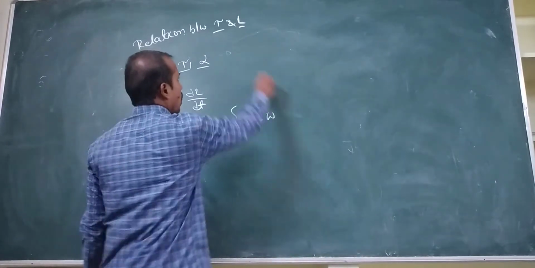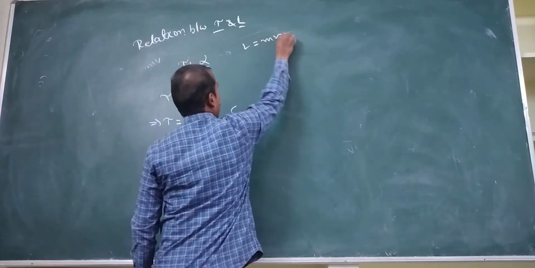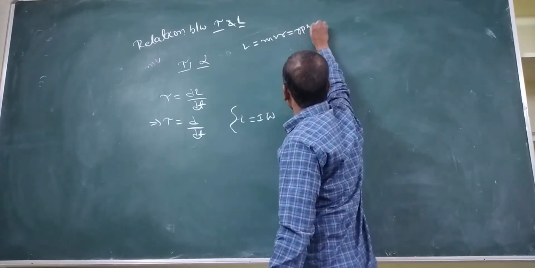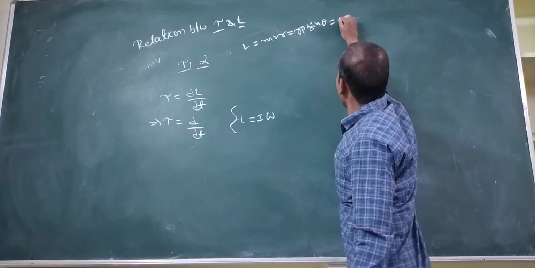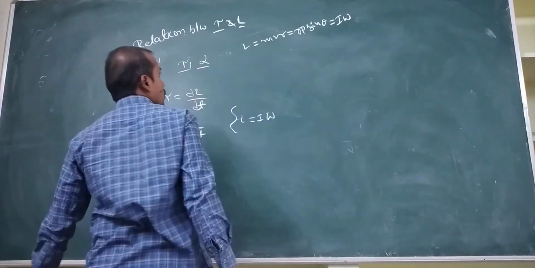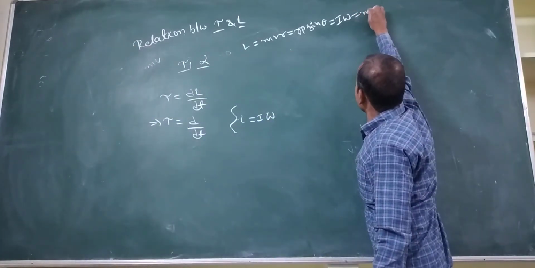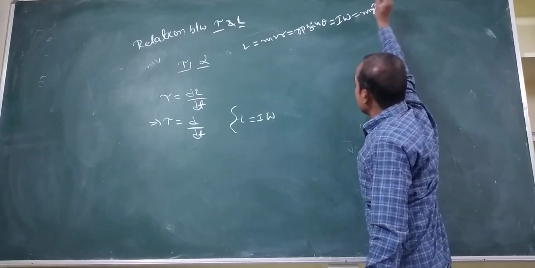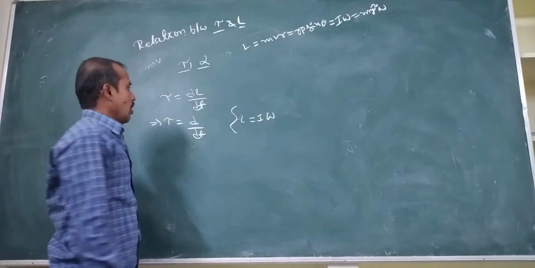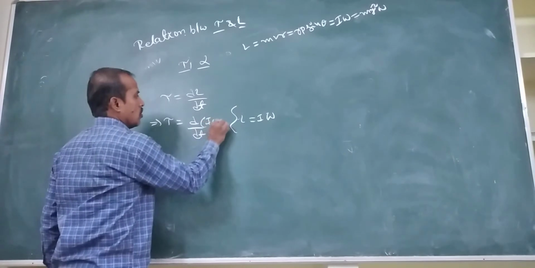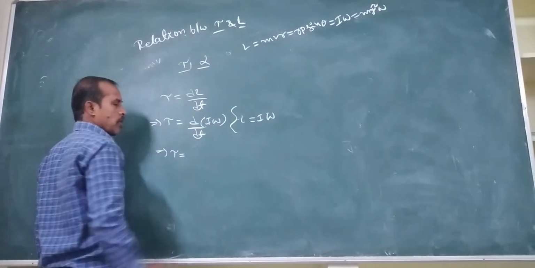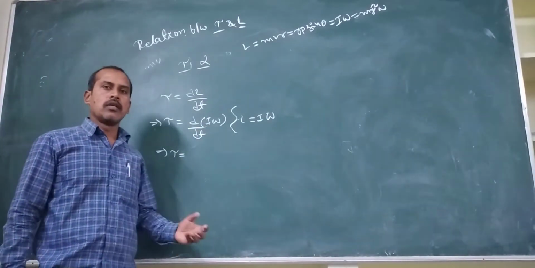Some formulas here: L is equal to r p sin theta, which is equal to I omega, or L is equal to m r square omega. But L is equal to I omega. Here the moment of inertia is constant.